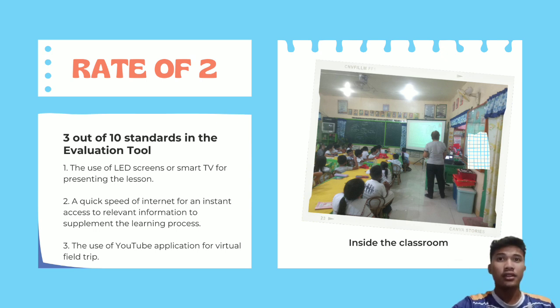Standard number 8, a quick speed of internet for instant access to relevant information to supplement the learning process, because the teacher only used data connection to browse information online. And standard number 10, the use of YouTube application for virtual field trips. This is due to the teacher being wise enough: instead of browsing videos on YouTube, she already downloaded these videos at her house to have easy and quick access during class.